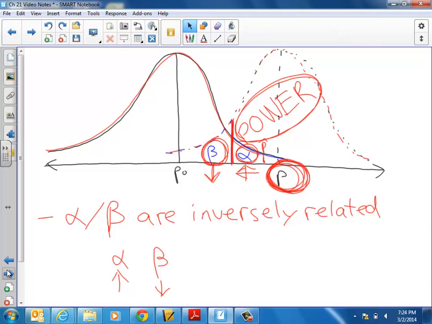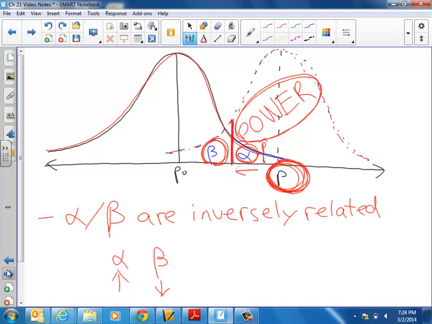Again, that would look like this: if alpha is going to the left on the bell curve, if we increase the significance level, that is the p-value we're checking against is increasing, then beta is also going to go to the left, which decreases its probability. This guy is increasing, this guy is decreasing.